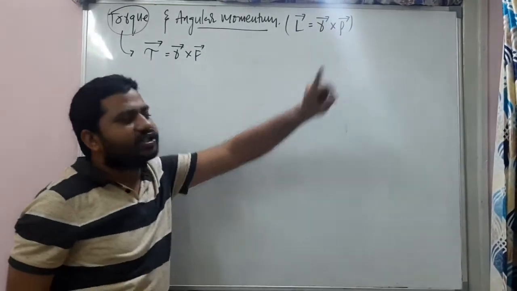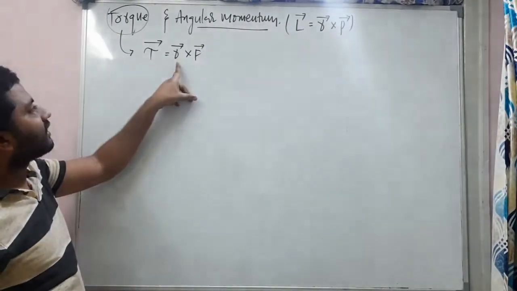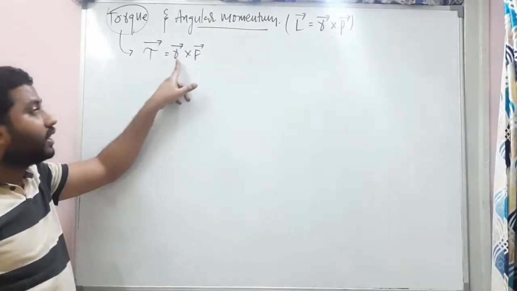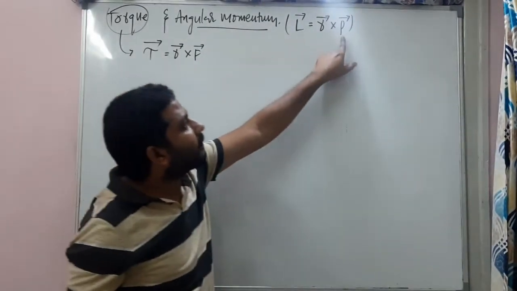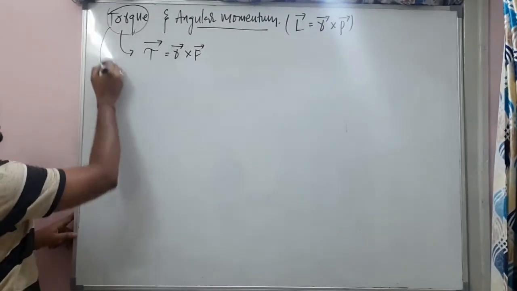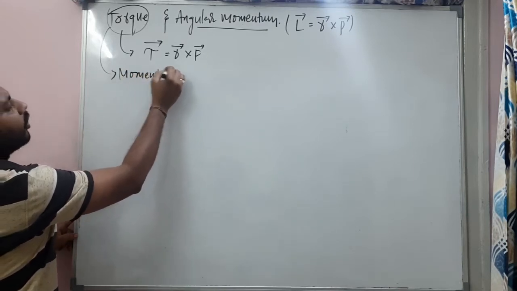r bar is the position vector from the origin. F bar is the force. p bar is the linear momentum. Torque can also be called the moment of force, my dear students.